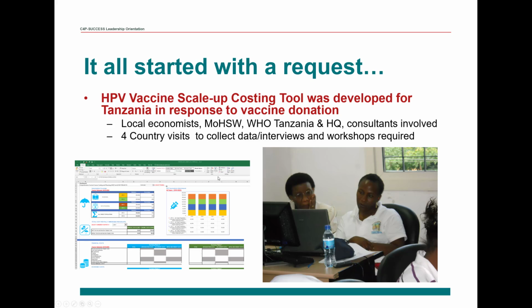And we came back with a tool which gave them the information they needed to know to make a decision about whether or not to go ahead with a vaccine scale up. And this was called the first C4P tool.